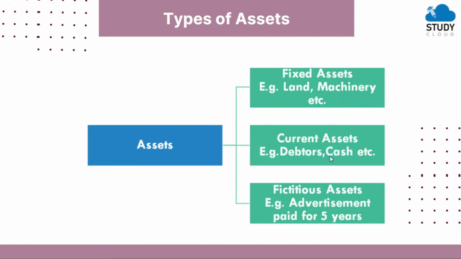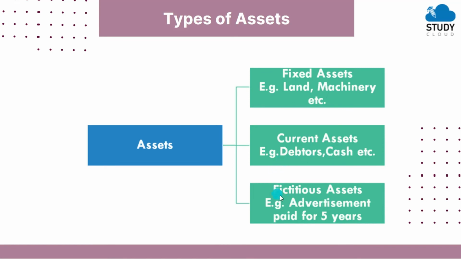Current assets are those assets which we use to manage our day-to-day or regular activities, and such assets can be easily converted into cash, such as debtors, the amount receivable. Even that is your asset, it changes every year. They are flexible, or we can say dynamic in nature. Then there is cash, and there could be stock of goods, etc.